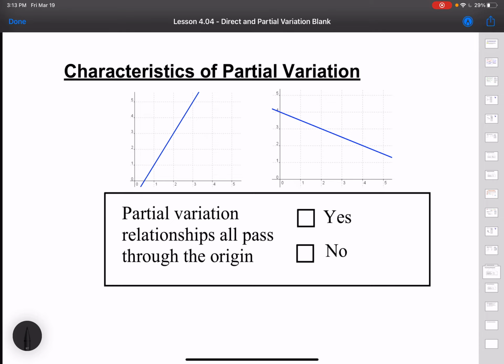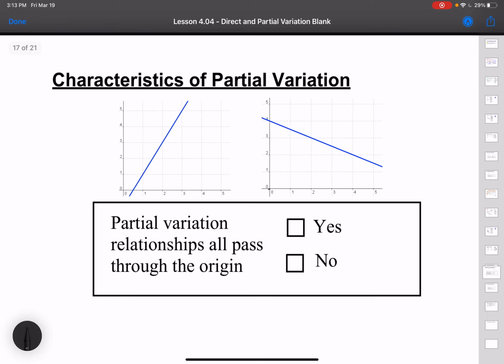Well, let's take a look at this. The origin is way down here. This line is not going through the origin. Same with this other line. So no, this is actually not true. Partial variation relationships do not have to go through the origin. So just be careful with that. That's only true of a direct relation.